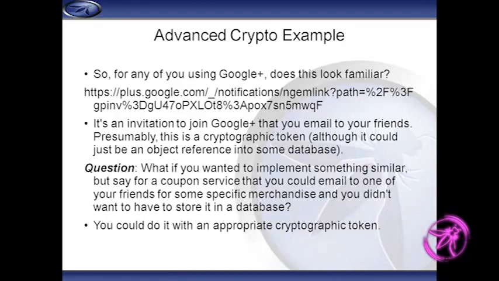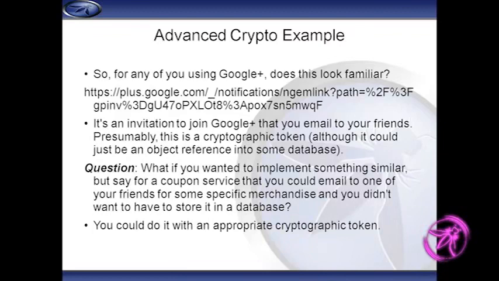As a related question, if you wanted to implement something similar, but for a coupon service that you could email, how would you do that? Well, you could do it if you had the appropriate cryptographic token.